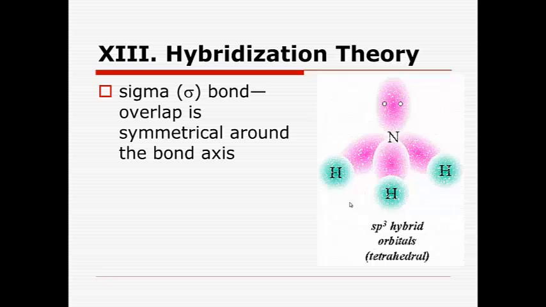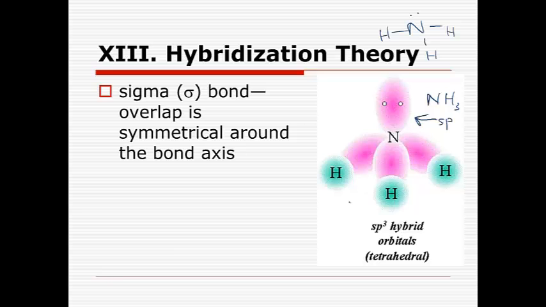What does that mean? This is not an octopus. This is ammonia, NH3. The Lewis structure for ammonia has one pair of non-bonding electrons, and H, H, and H. Now, each one of these purple ones is an sp3 hybrid orbital.